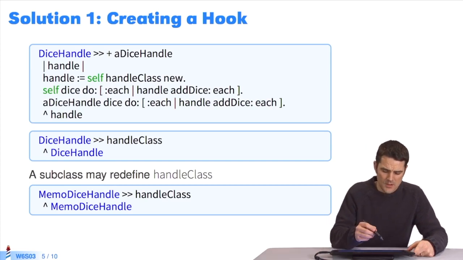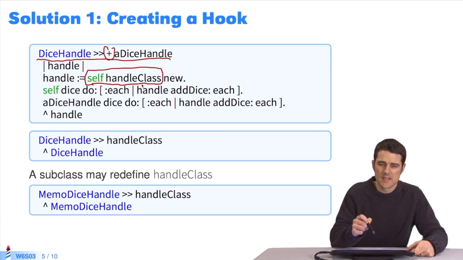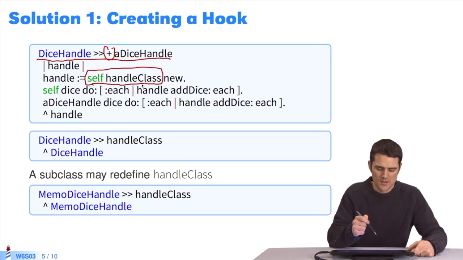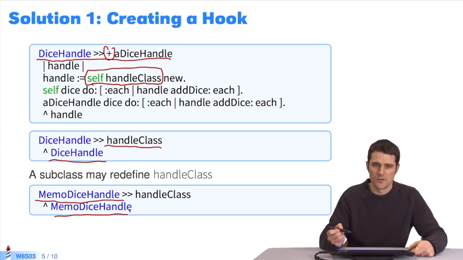Solution number 1. I change the implementation of the plus method on the dice handle class, okay? And I simply add this method, self-handle class. Instead of defining the instance variable I wish to obtain, I use a method that I call handle class. In dice handle, the dice handle class is returned, and in the memo dice handle subclass, memo dice handle is returned.